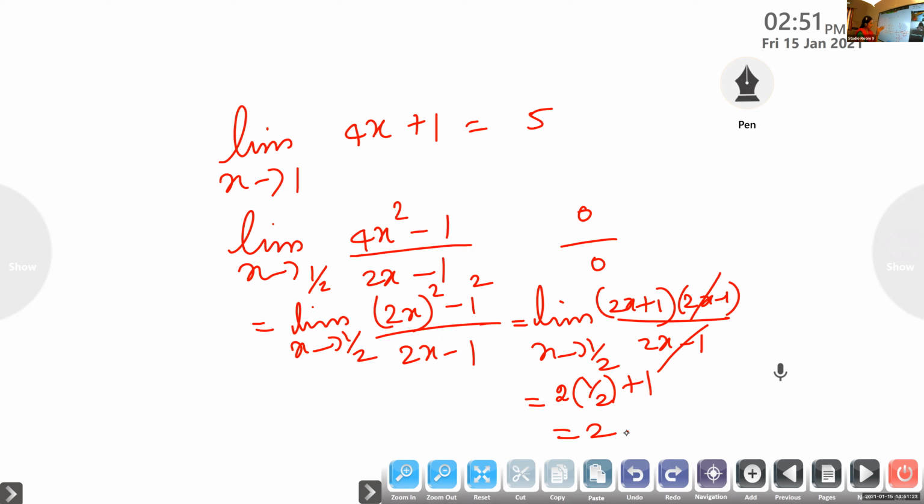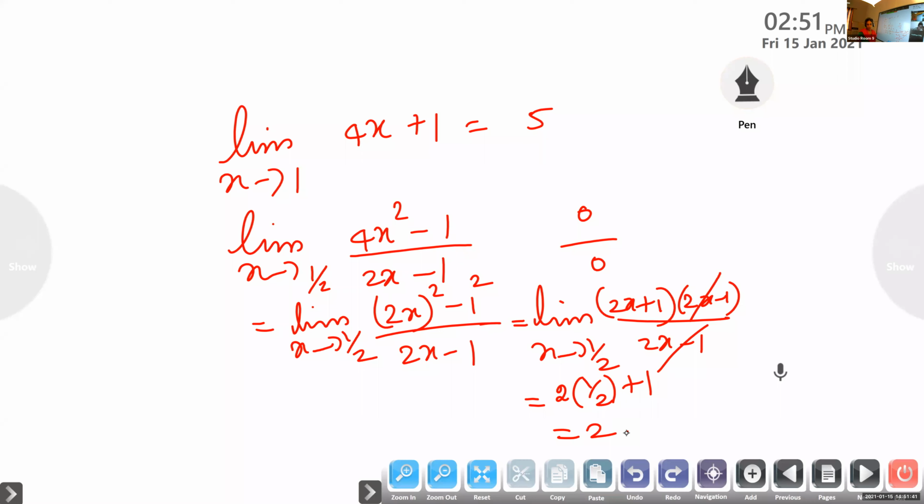So this is the limit of some rational functions. I am just giving one or two questions to recall how to find the limits. Now we are going to learn how to find the limit of trigonometric functions.